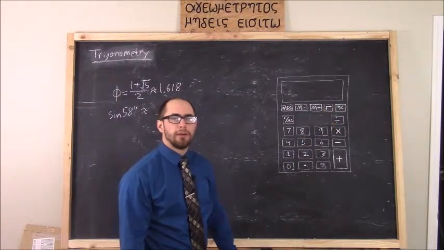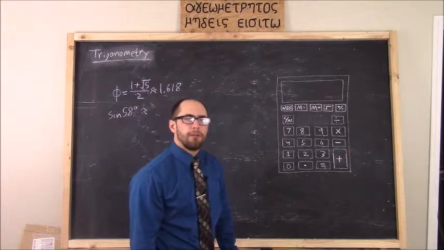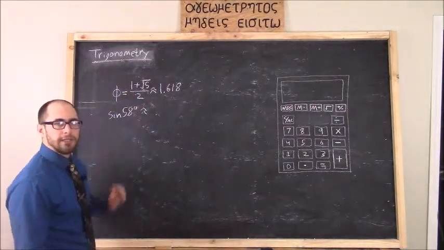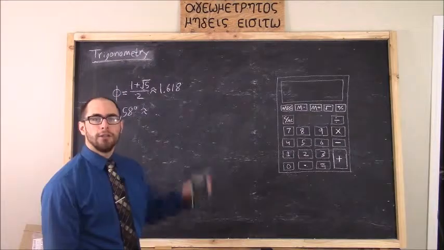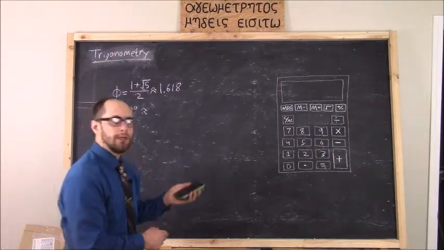However, the Taylor series is an infinite polynomial, so it doesn't quite fall into the same category as an exact representation like this. I could use a calculator like this one that has the built-in trig functions.